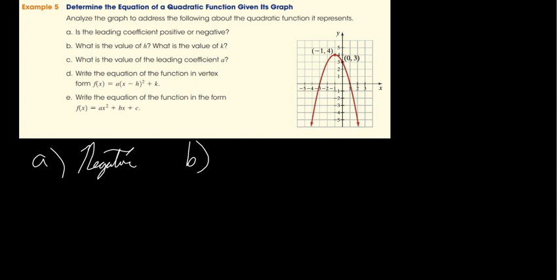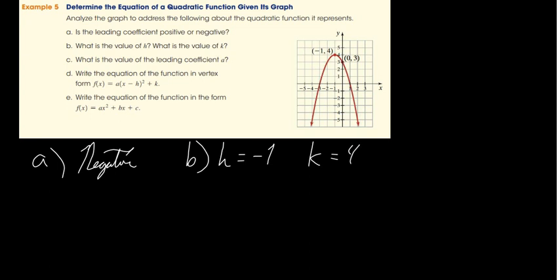Sorry, I got ahead of myself. When we put it into the equation it will be x plus 1, but for right now, the value of h is negative 1, because h is the x component of my vertex, and k is the y component of my vertex. And k is equal to 4.